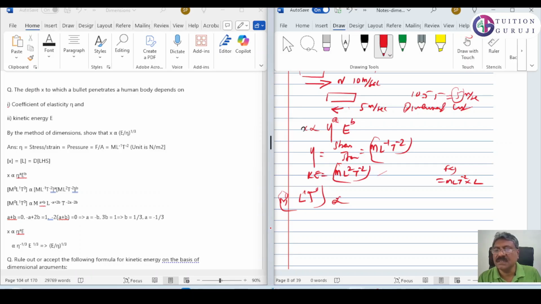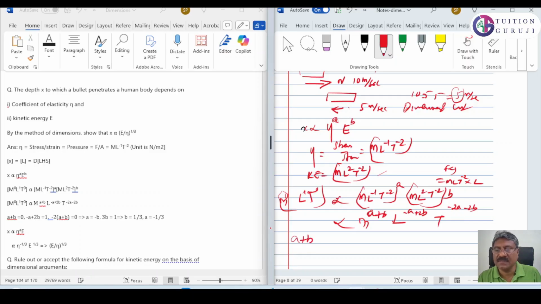L is proportional to eta, the coefficient of elasticity, which is M L raised to minus 1 T raised to minus 2, the whole raised to a. Then the kinetic energy is M L square T raised to minus 2, raised to b. So it's proportional to M raised to a plus b, into L raised to minus a plus 2b, T raised to minus 2a minus 2b.